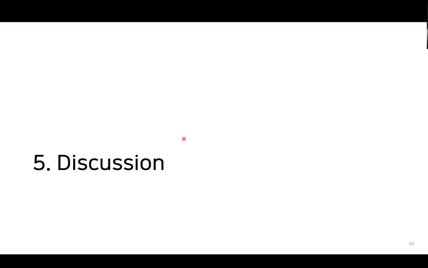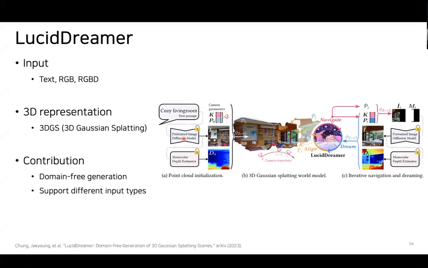It's the final section of my presentation. And in the discussion section, I would like to introduce one more recent study that is similar to Text2Room. Recently, there has been a study called LucidDreamer that focused on scene-scale 3D generation using 3D Gaussian splatting, 3DGS, representation.